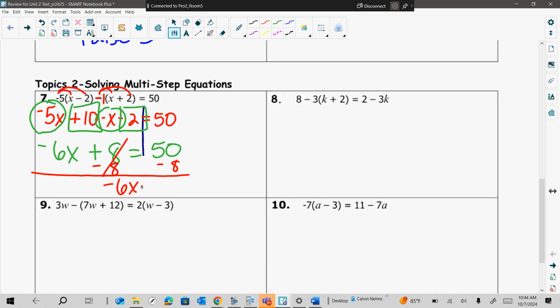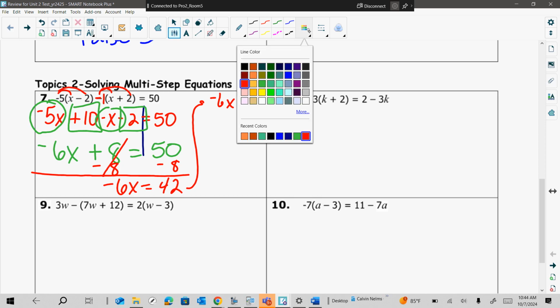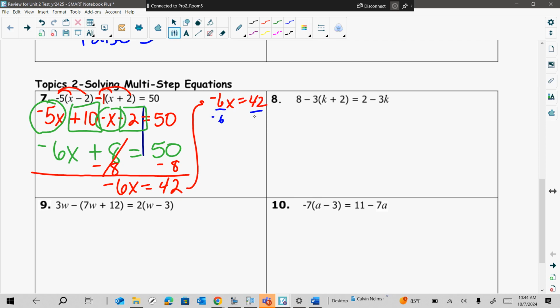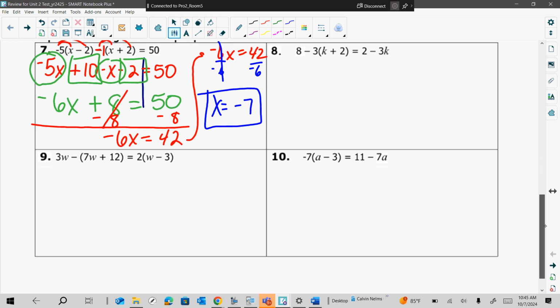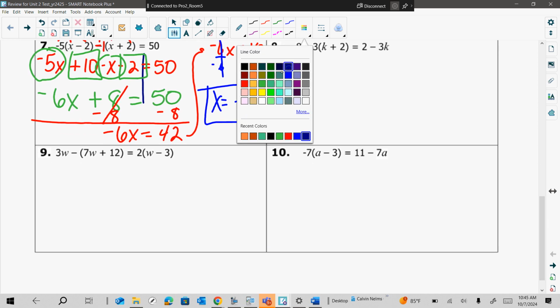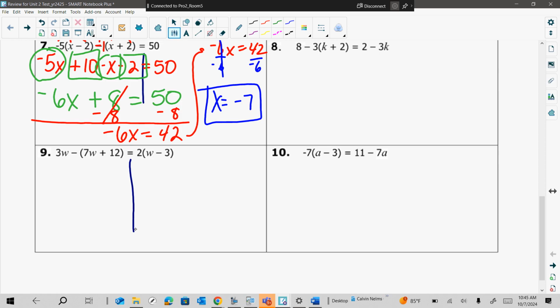Our negative 6x equals 42. Yep, divide by negative 6. So x equals negative 7. Are we going to get decimal answers? Yes, you will get decimal answers and fraction answers on this.